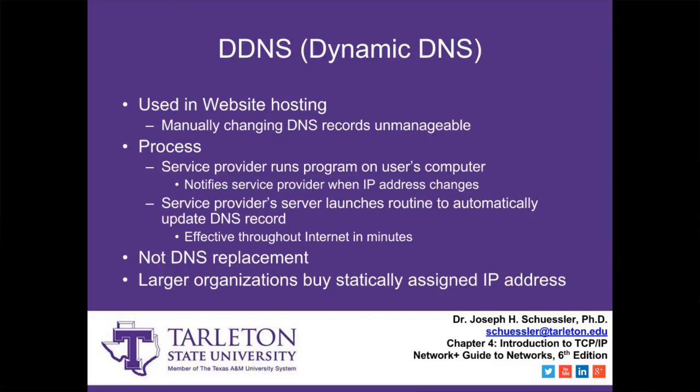But what happens if I have a domain name and my IP address lease expires and I'm assigned a different address? Well, now that relationship between my IP address and my domain name changes, and I either manually have to go in there and change it, or I can use a dynamic DNS service. And that's what I end up doing.